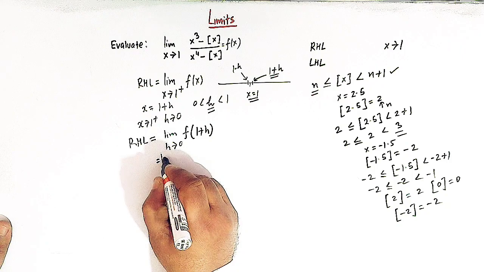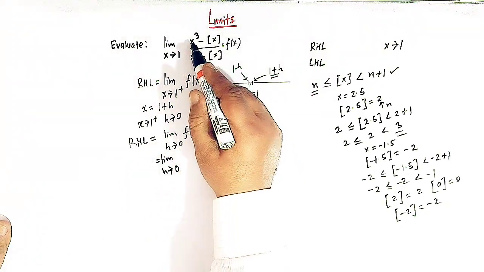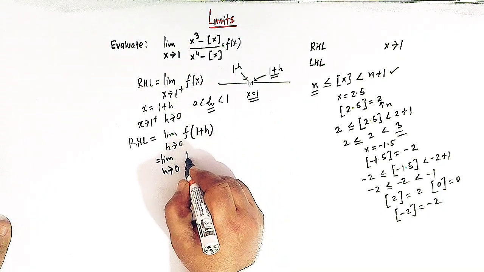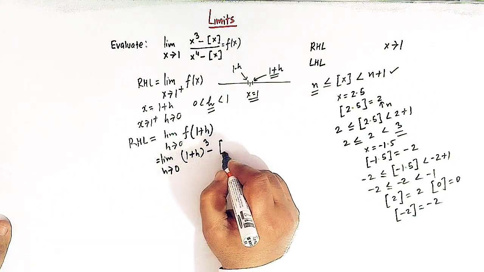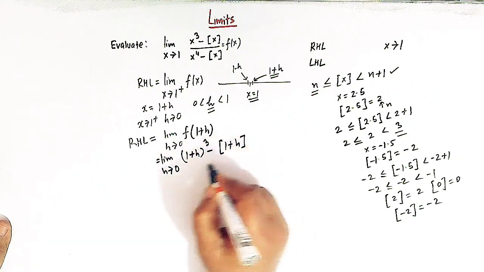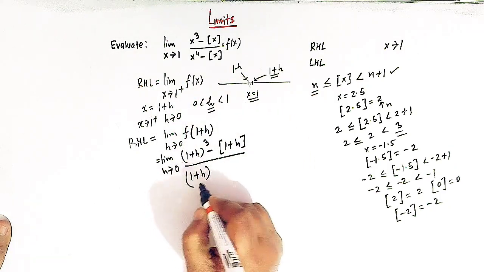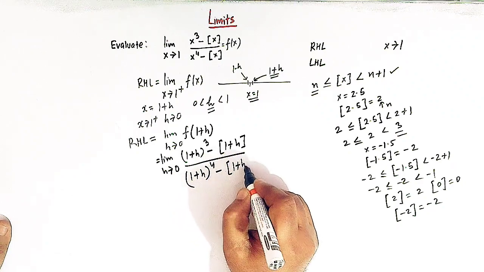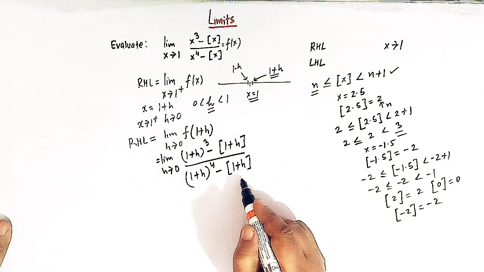We have limit h tends to 0, and f of 1 plus h is obtained by replacing x by 1 plus h. So we have (1 plus h) cube minus greatest integer of 1 plus h, divided by (1 plus h) raised to 4 minus greatest integer of 1 plus h. Now we have to evaluate this limit.